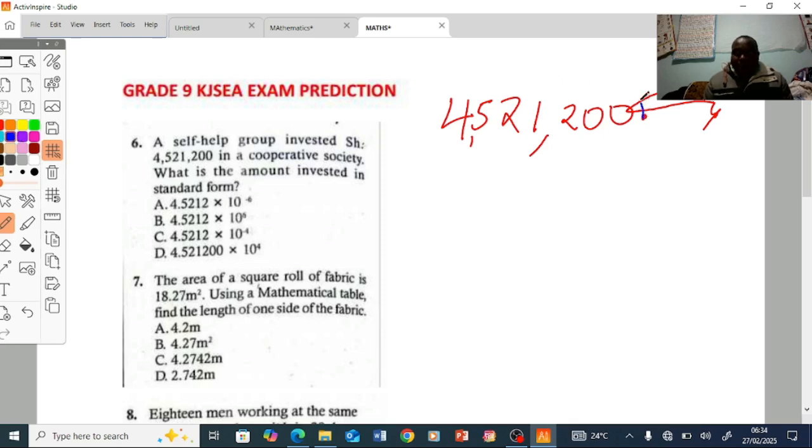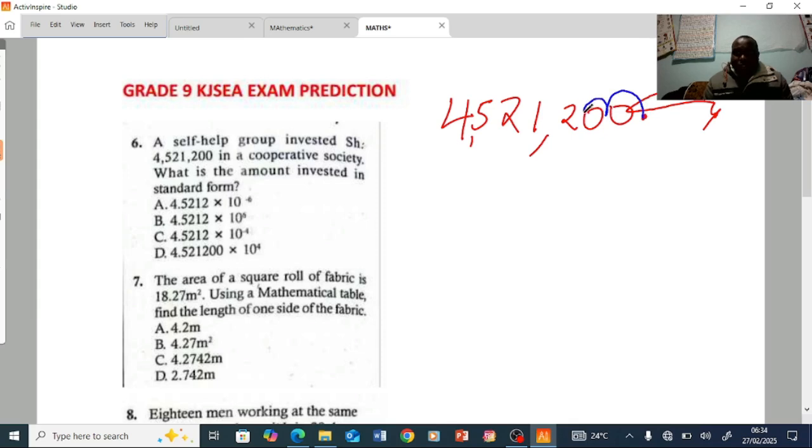From this decimal, we move 1, 2, 3, 4. We have not gotten the number between 1 and 9. So 4, 5, 6. It is up to this point that we have the number 4. So now it is 4.52412 times 10 raised to the power.